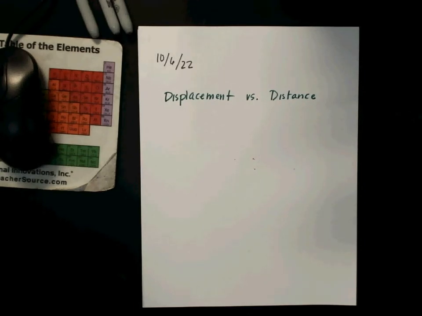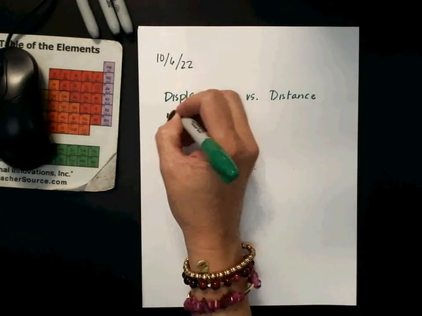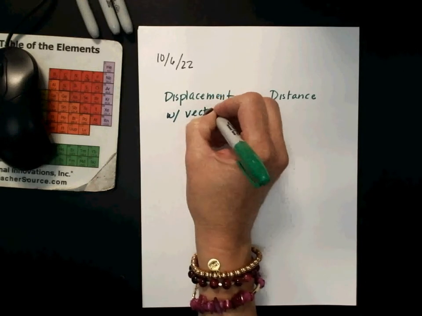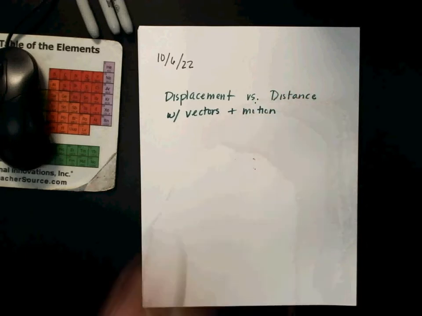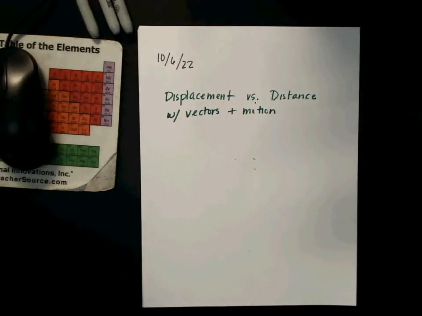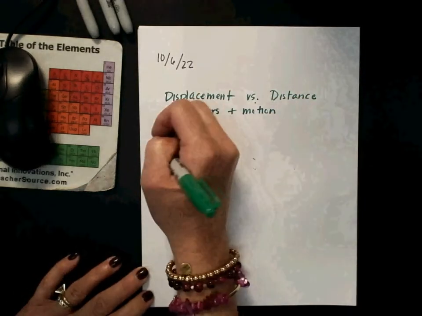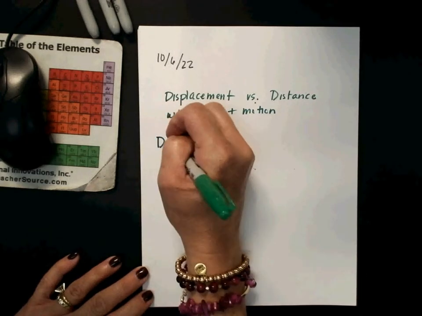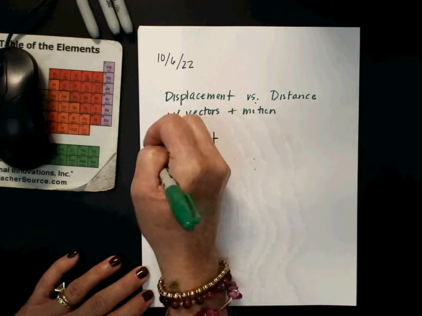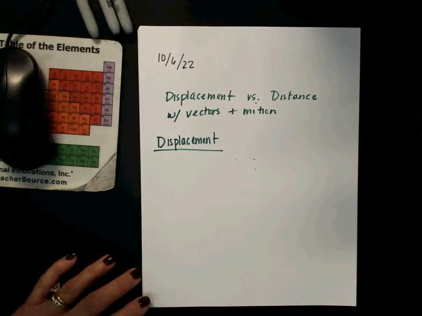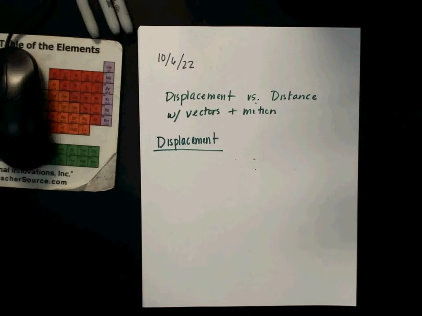So distance versus displacement with vectors and motion. I'm going to talk about displacement first, and some things we need to keep in mind. Displacement and distance are not the same thing. People often confuse them, but they're not.